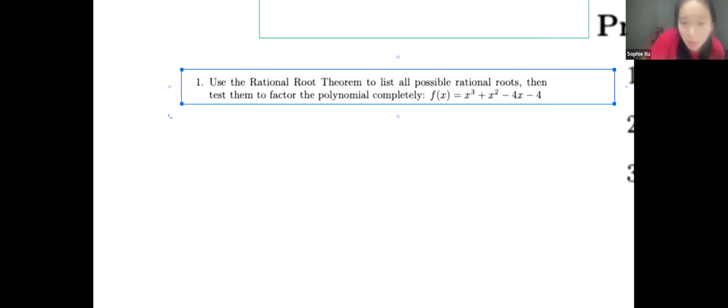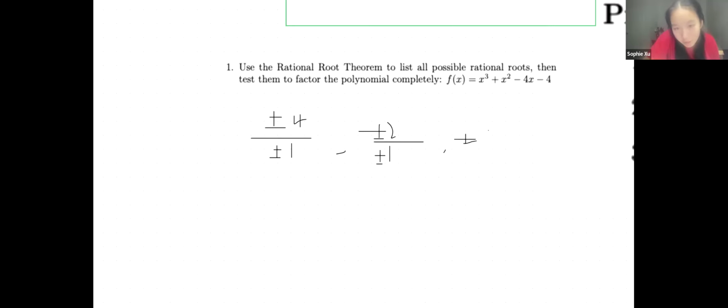Okay, the rational root theorem says the possible roots are plus minus 4 over plus minus 1, plus minus 2 over plus minus 1, and plus minus 1 over plus minus 1, right?